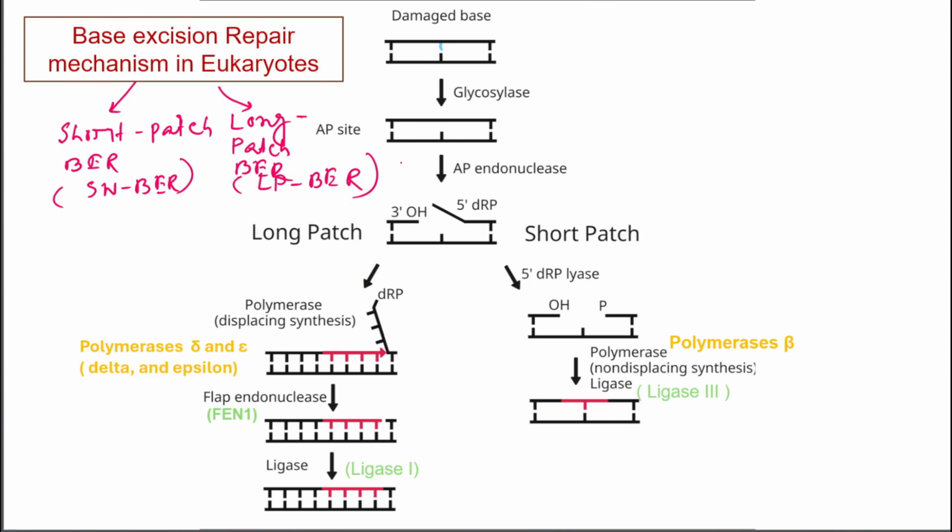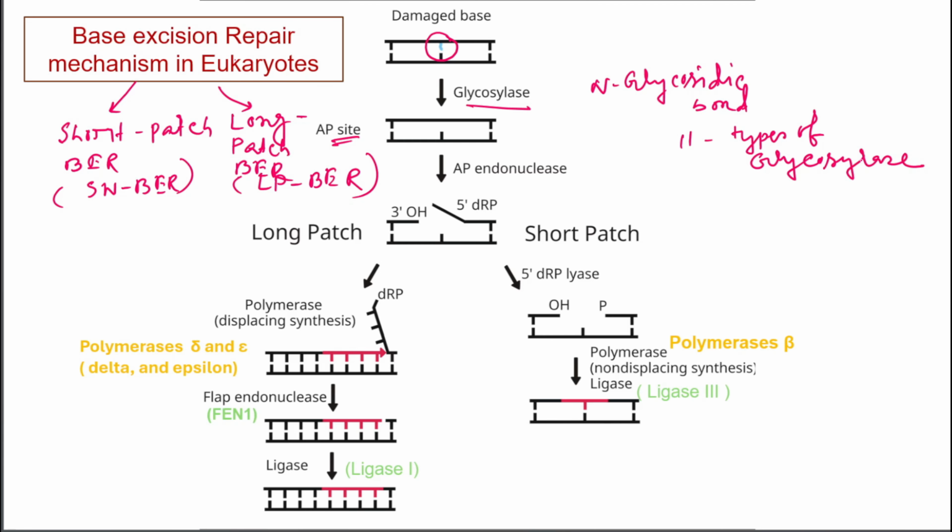As in prokaryotes, first DNA glycosylase scans the DNA, detects the damaged or inappropriate base, and clips the N-glycosidic bond, leaving behind an AP site, that is an apurinic or apyrimidinic site. In humans, 11 types of glycosylase are present.